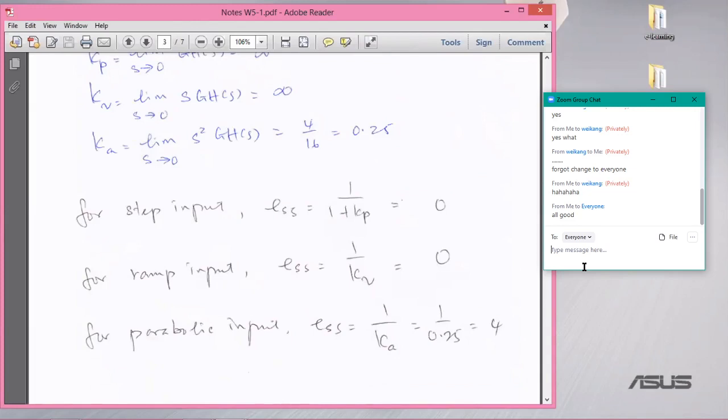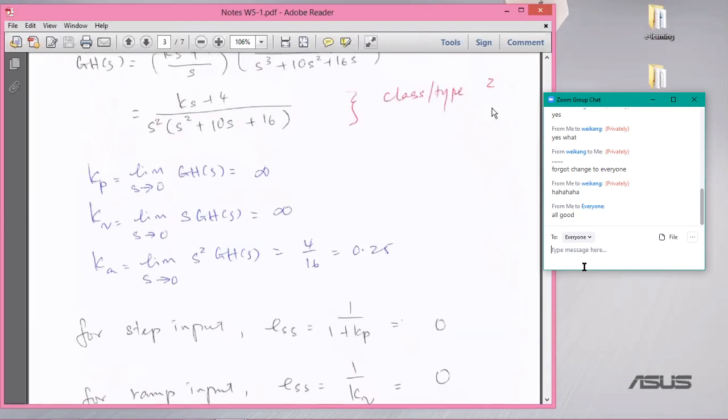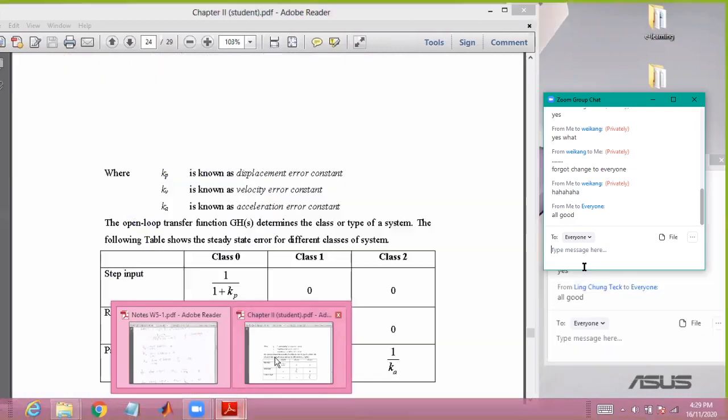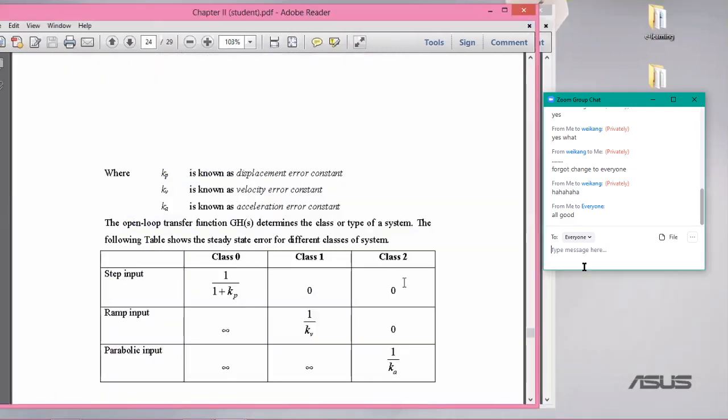So this is the error for different types of input. And you can see here, system type 2 or class 2. If you go to the table, for class 2, steady state error is 0 for unit step, 0 for ramp input, and 1 divided by Ka for parabolic input.